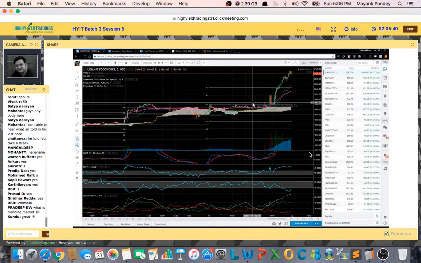How does a market move? A stock price moves with the help of volume, and with the help of supports and resistances. Imagine if there is no resistance, the stock will keep going up. Is it going to happen? Never. Imagine there is no support, the stock will keep moving down. Is there any chance of that happening?